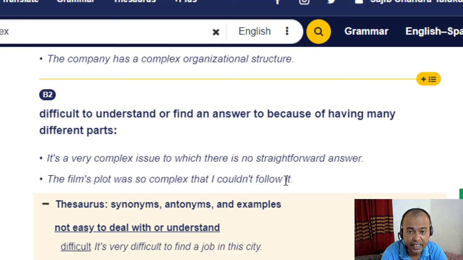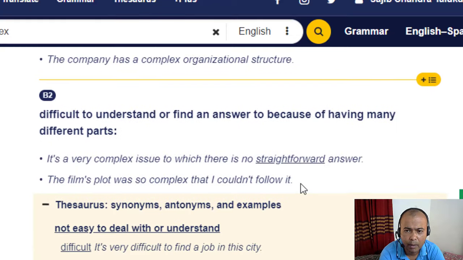There are some examples here. You can use these examples to understand a little bit more about the word. So it's a very complex issue to which there is no straightforward answer. That means it's not easy to get an easy meaning. So this is called complex.